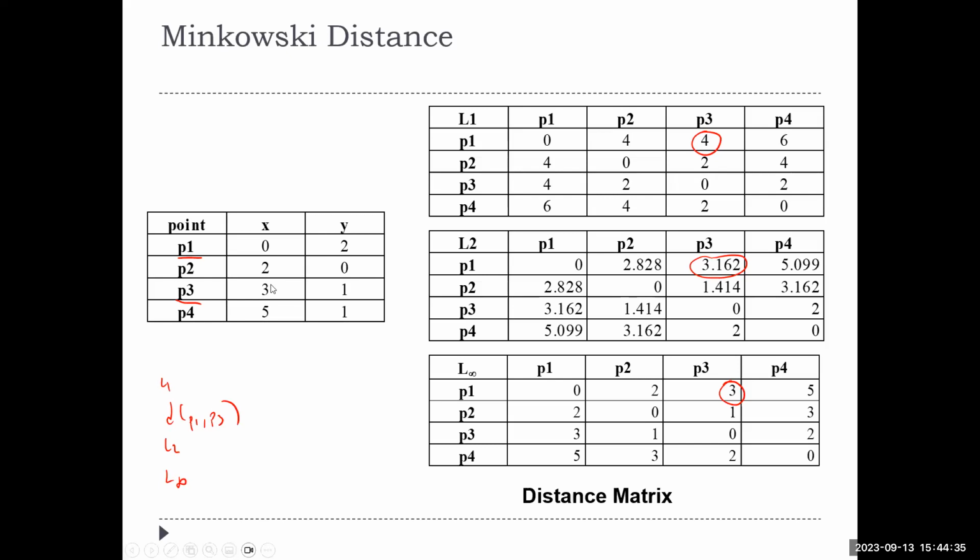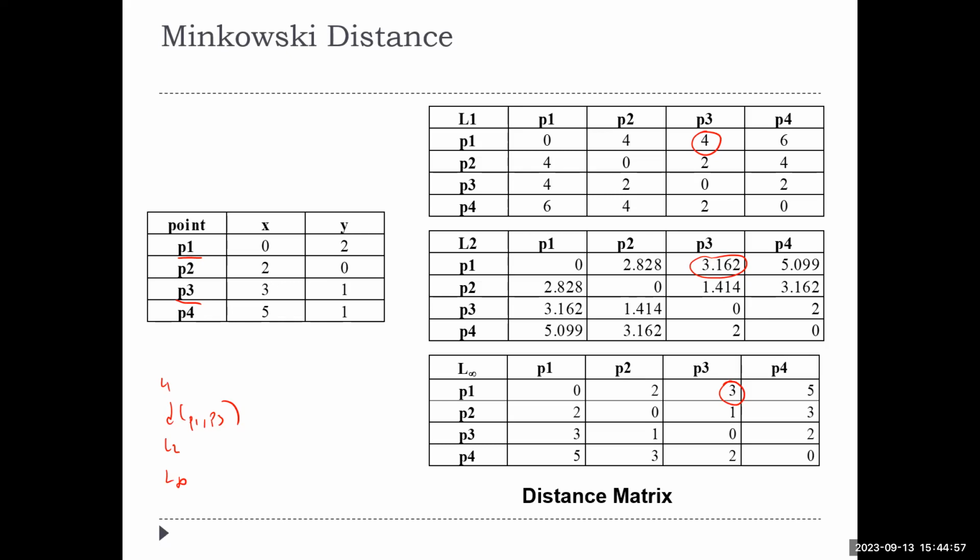For P3 it is 3, but in that table there is P3 in the heading and also P3 on the left. Yeah, so this is a distance matrix, right? You are measuring the distance of one value against another value.